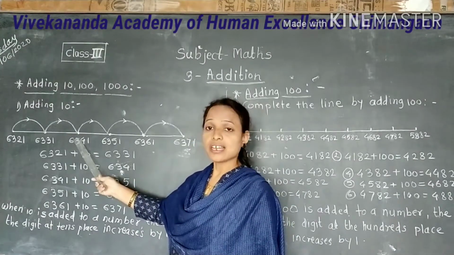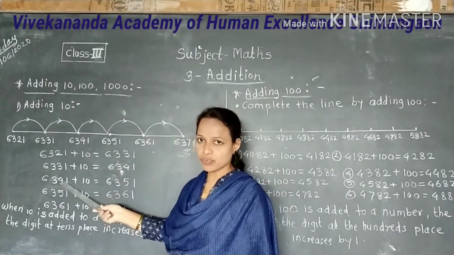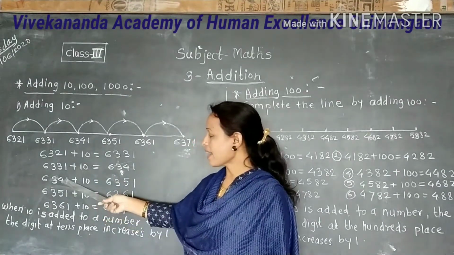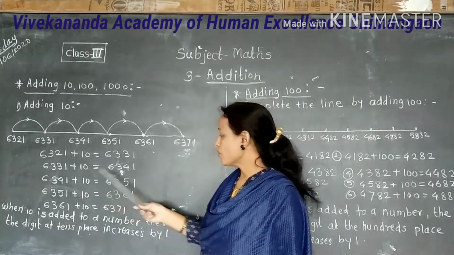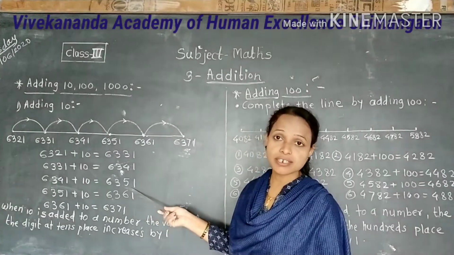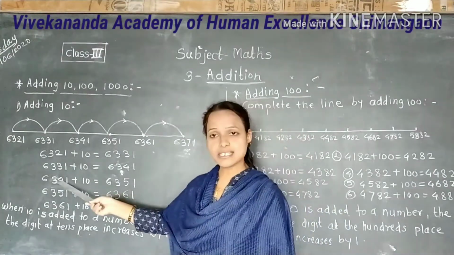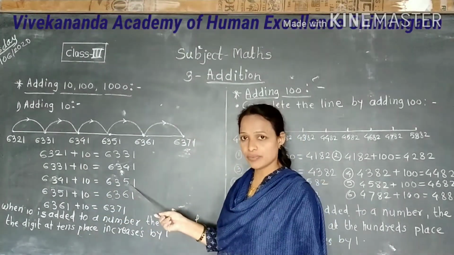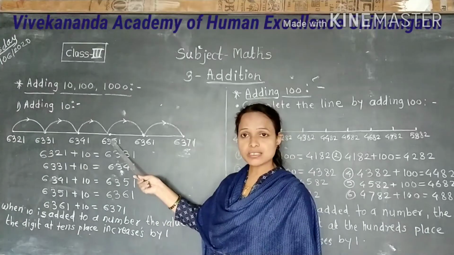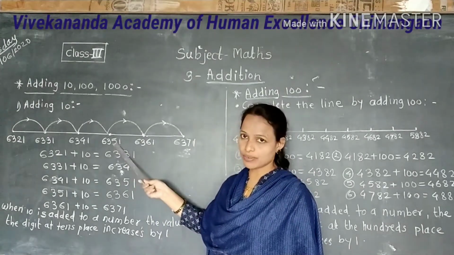Again next, we have to add 10 to 6341. So I added 6341 plus 10. We got 6351. So our next point in the number line is 6351.